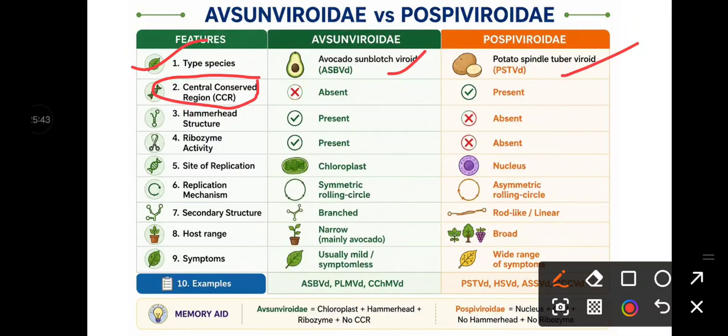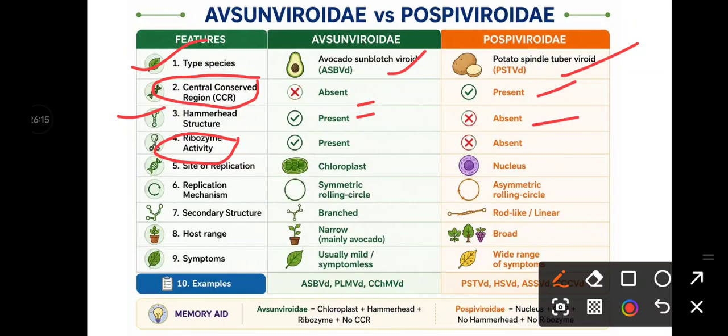So this central conserved region is absent in Avsunviroidae, whereas it is present and characteristic for Pospiviroidae. Then hammerhead structure. Hammerhead is nothing but a secondary structure. A highly folded secondary structure is present in Avsunviroidae, which is absent in Pospiviroidae. Because of the presence of the hammerhead structure, it needs ribozyme activity during replication, because it needs to cleave that portion.